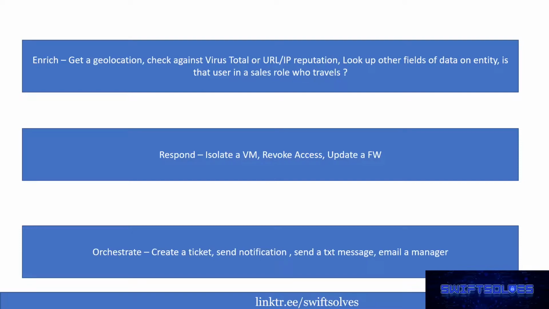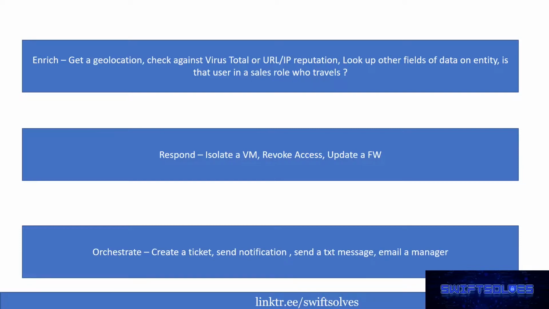So simple things like getting a geolocation or checking against an IP or URL for reputation or information about it by sending it to VirusTotal or Gray Noise, looking up other fields of data on the entity, and then potentially maybe even an Azure AD account. Is this person part of a sales role who may be traveling quite frequently?